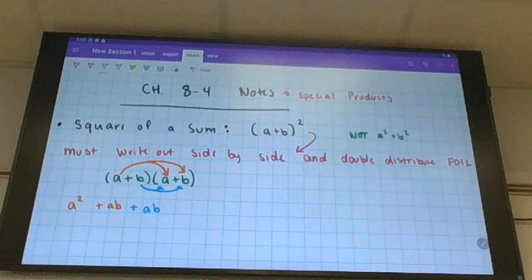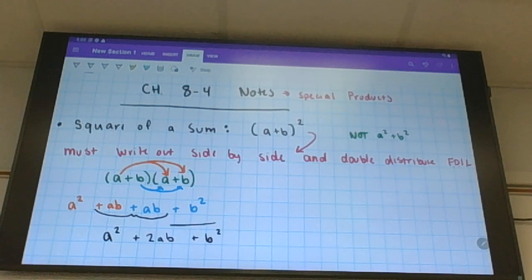And then the last terms, b times b is b squared. So now I combine like terms in the middle. One ab added to another ab is 2ab. And this is the result.